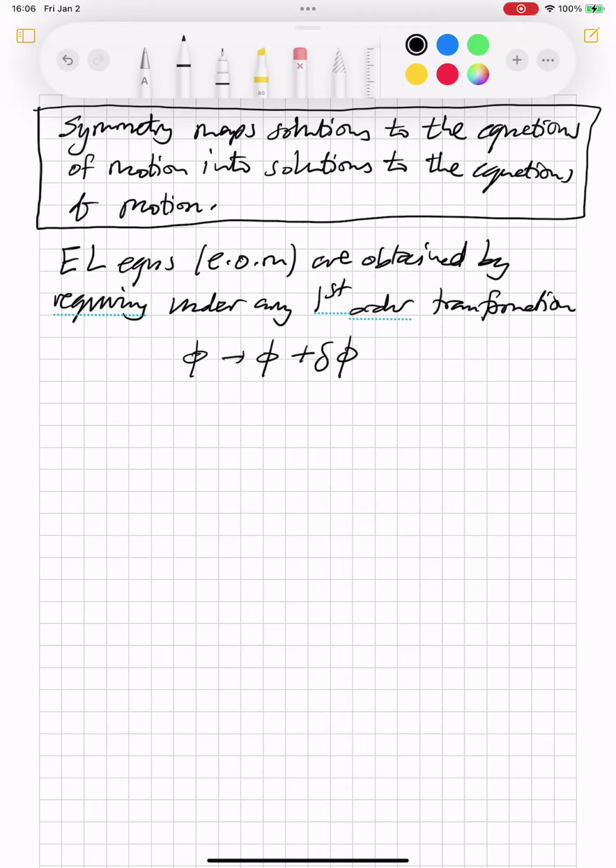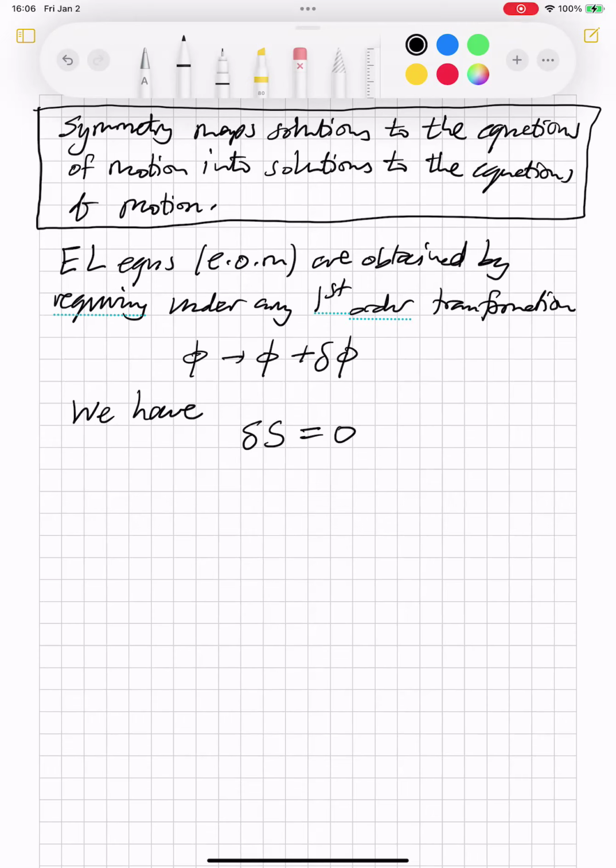That's a variation of the phi. And by first order, we're only going to keep delta phi, so we're going to drop delta phi squared. So the Euler-Lagrange equations of motion are obtained by requiring that under any first order transformation, the change in the action is equal to zero.